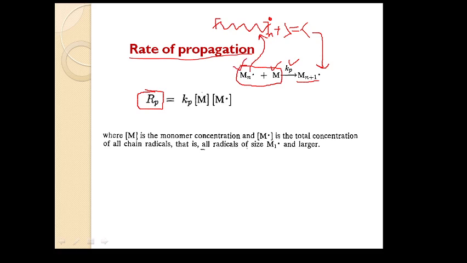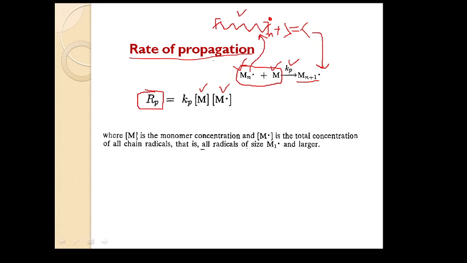Where concentration of M is representing the concentration of monomer. So we know how much monomer we have taken for the polymerization, so we can easily find out the concentration of this monomer. This M dot is representing the concentration of the radical chain.